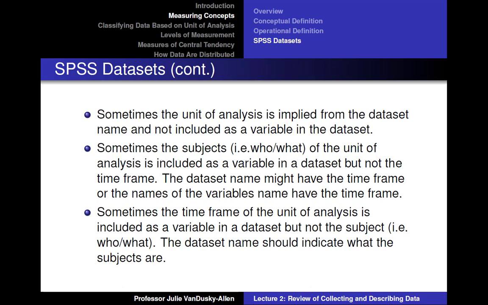The dataset name might have the time frame, or the names of the variables might have the time frame. Sometimes the time frame of the unit of analysis is included as a variable in a dataset, but not the subject, the who or the what. The dataset name should indicate what the subjects are.